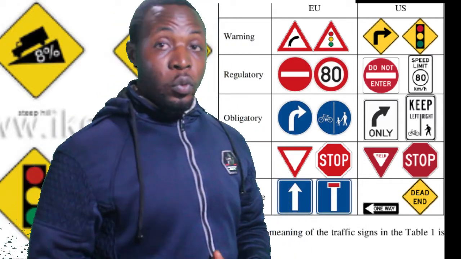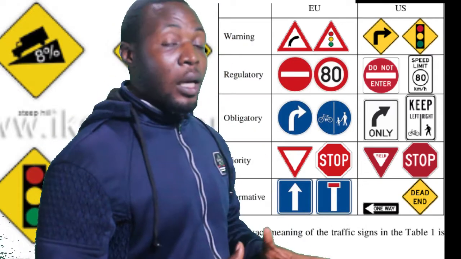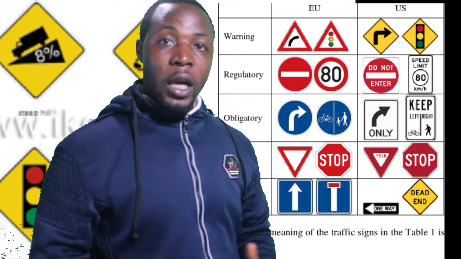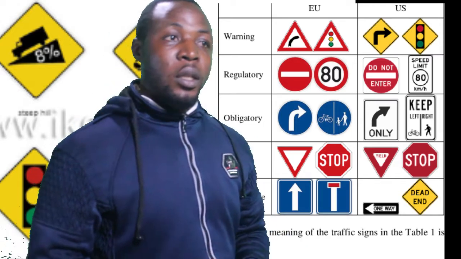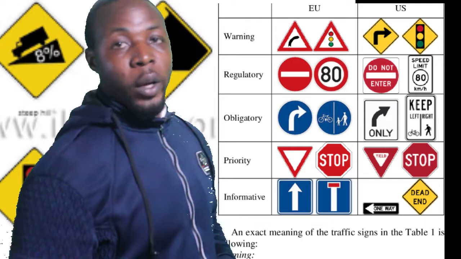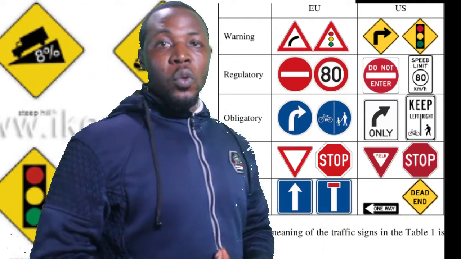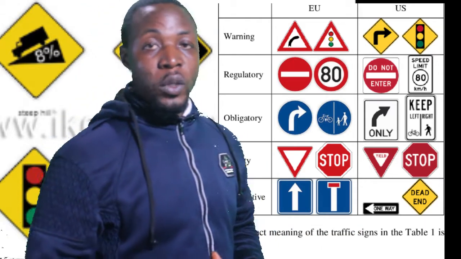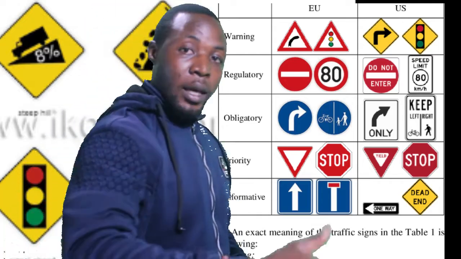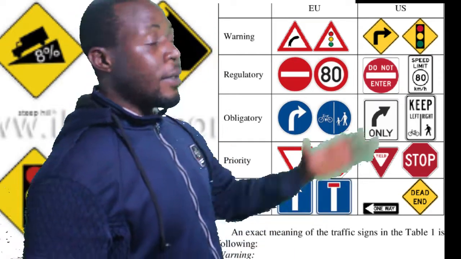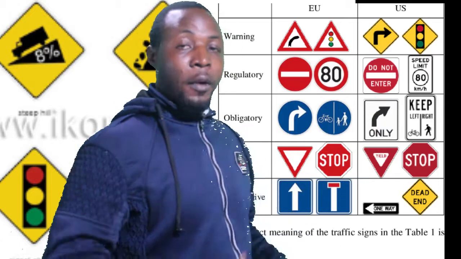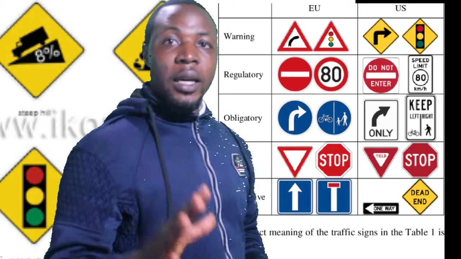As a driver, when driving, you have to know your side, the side that you are driving in. If in your country you are using the right side of the road, or wherever you are, you need to know the side of the road you are using. If you are driving on the right side, any sign that is put on the right side of the road is for you.